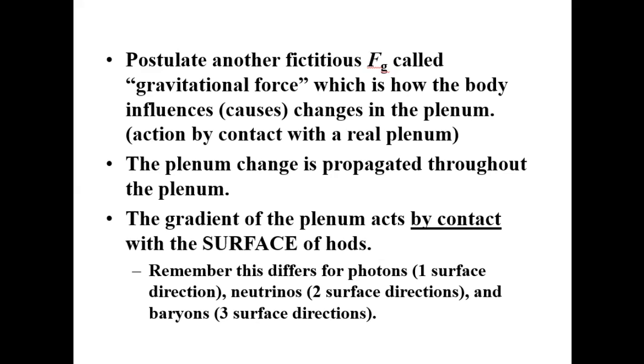That's the nature of the plenum. It propagates waves. The gradient of the plenum acts by contact with the surface of hods. Remember, this differs for photons, where there's one surface direction along its perpendicular to its axis. For neutrinos, there are two surface directions, and for baryons, there are three surface directions.